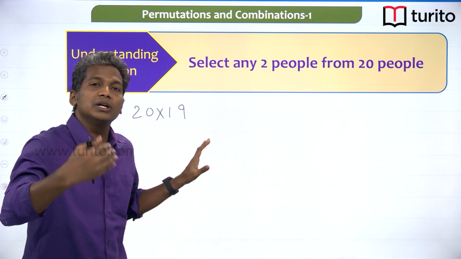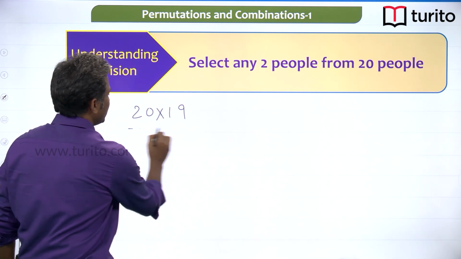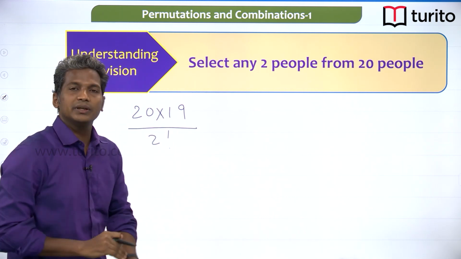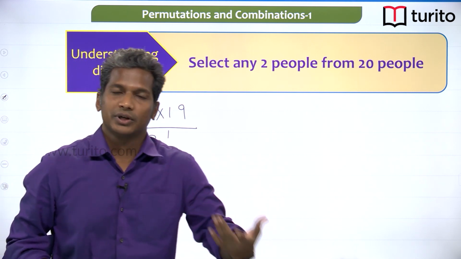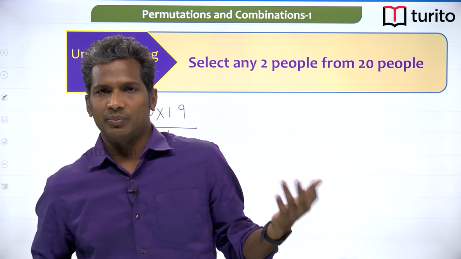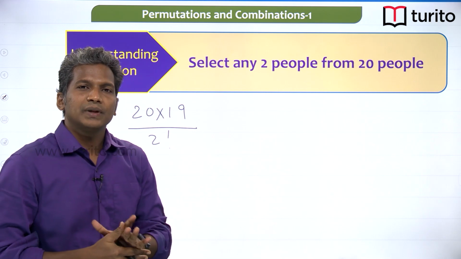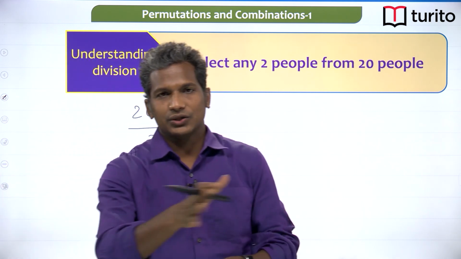Now, because order among A and B is not important to you, you have to divide this with 2 factorial. Now, let us counter this with another example, a little twisted idea of the same example. Let us say there is a classroom and I am the teacher.